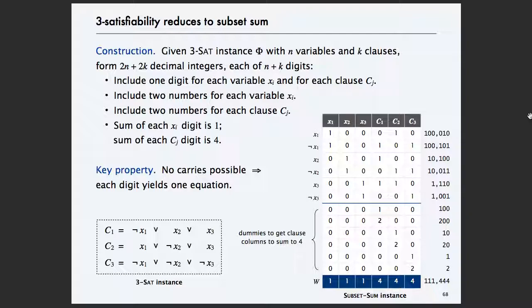We will create integers. We have our variables and then our clauses. We have one row for x1 and not x1.